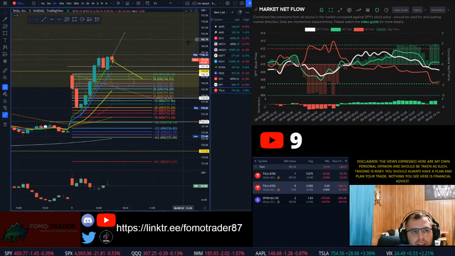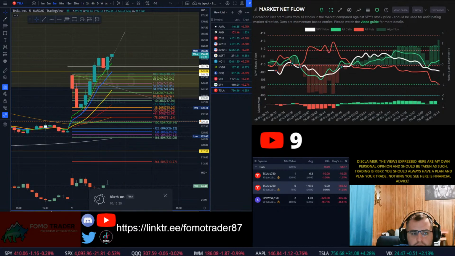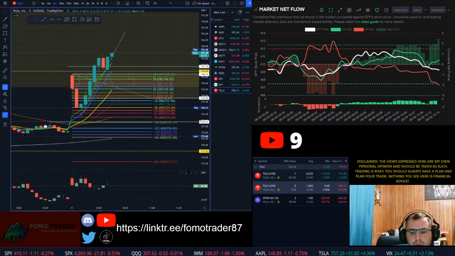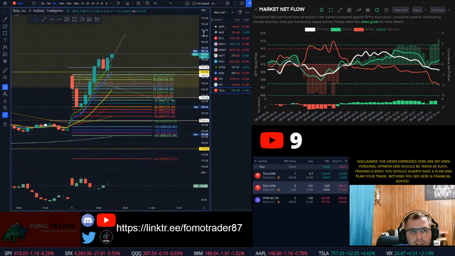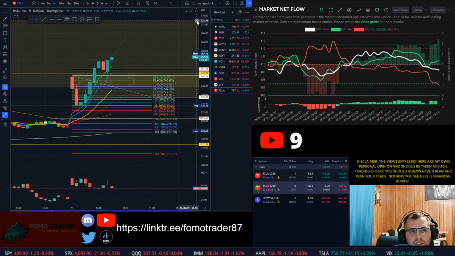I mean, are the bulls asleep? Okay, there we go. There's our push. Tesla trade back green now. Hopefully we get this whole gap fill here. Looking for a gap fill up to about the 774 area.